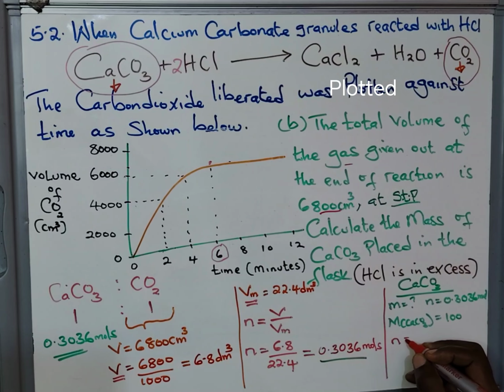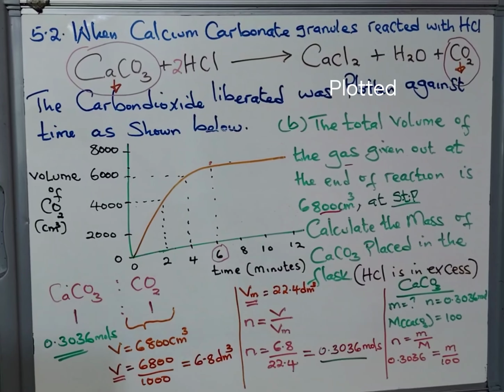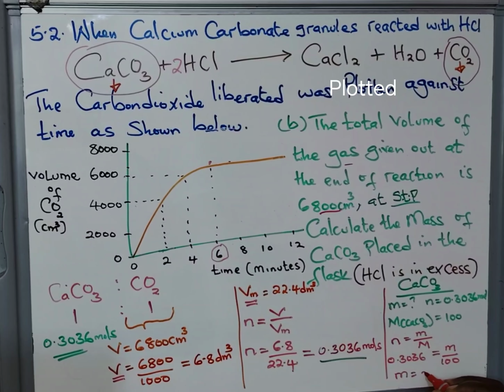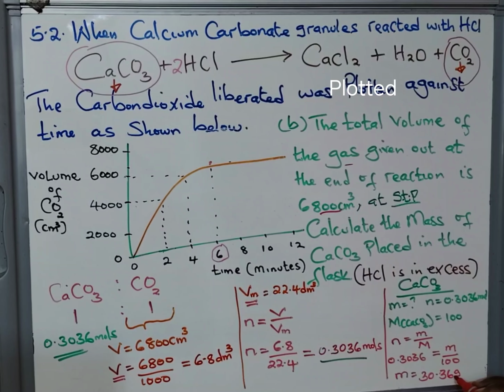The equation says that n is equal to m over molar mass. So when you substitute, you have 0.3036, and your m is wanted, but the molar mass is 100. After cross multiplying, you are going to get our mass as 30.36 grams. That is the mass of calcium carbonate which was added.